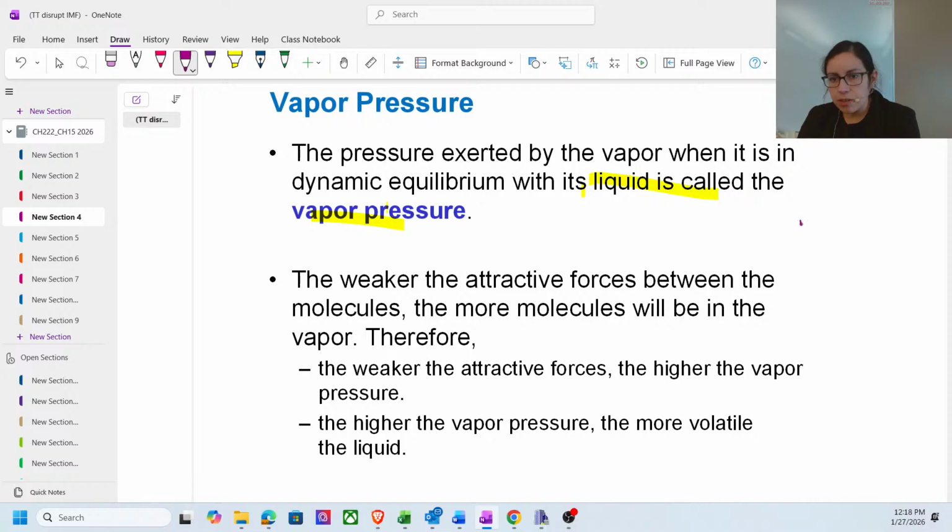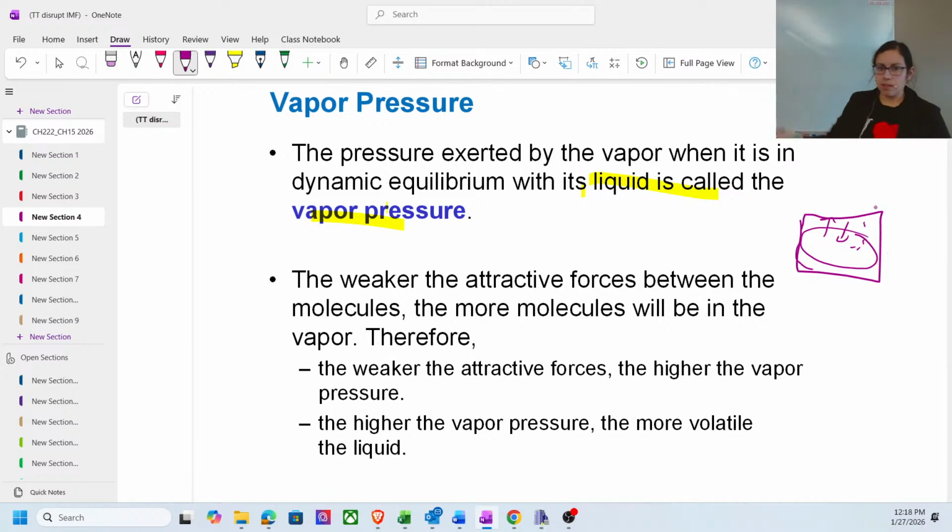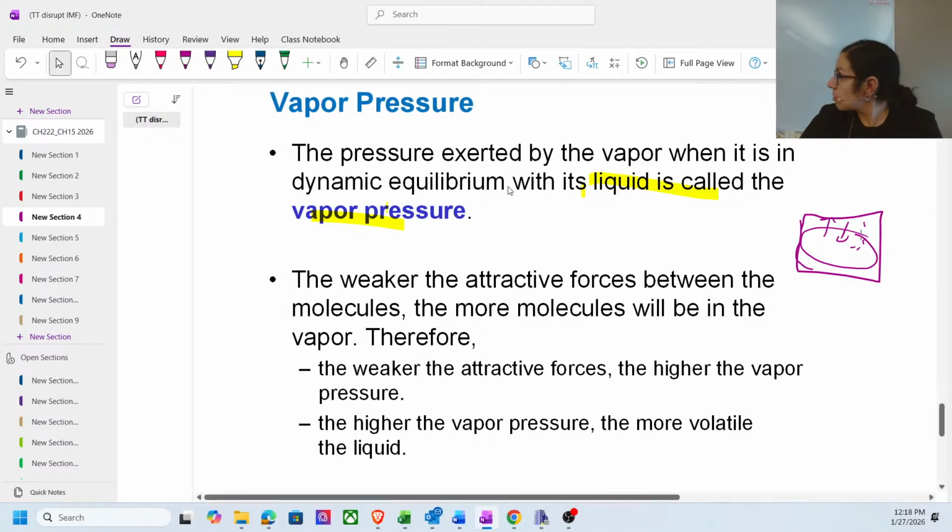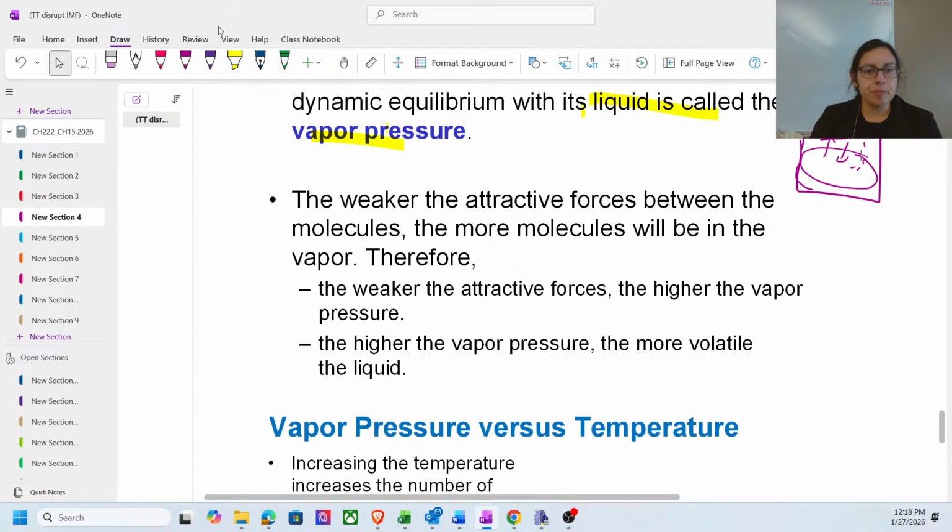We can see it in the fact that if you leave a cup of water out, eventually it'll evaporate. So some amount of liquid escapes. Essentially some has enough kinetic energy that it can escape, and we can draw out a chart for that.